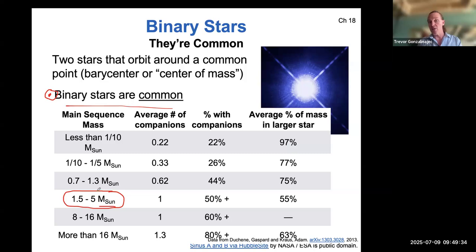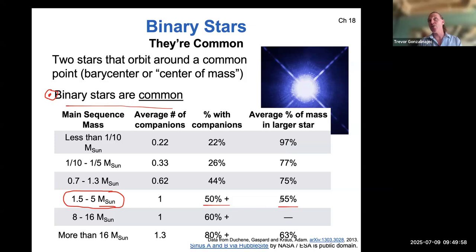Okay, well, these stars that are a little bit bigger than our sun have about a 50% chance of being in a binary system, and then the other star that they're with has about a 50% chance of being so the average percentage of mass in the larger star.